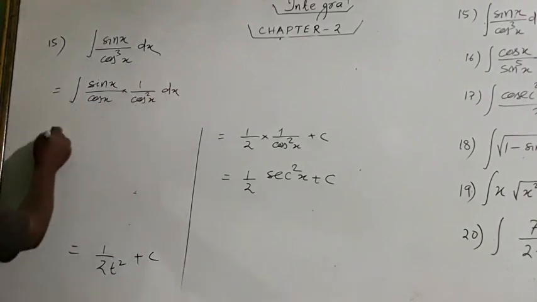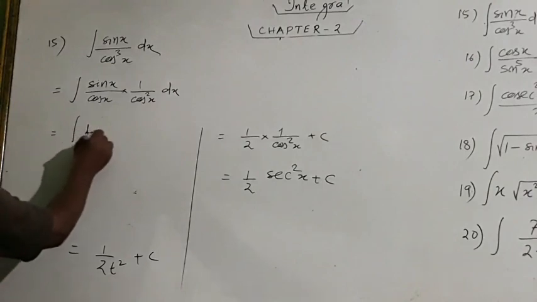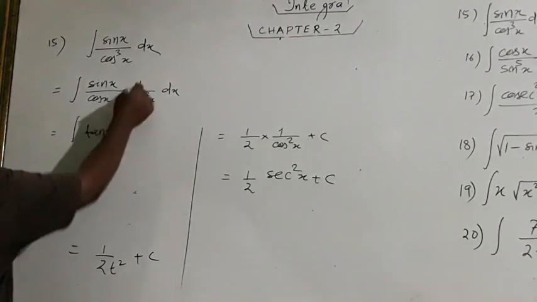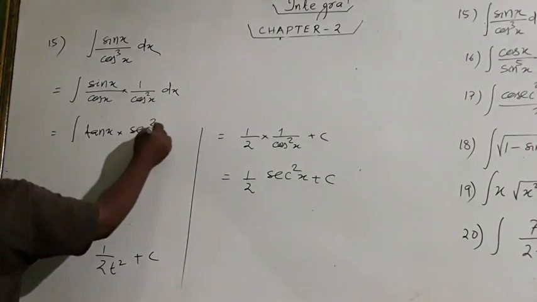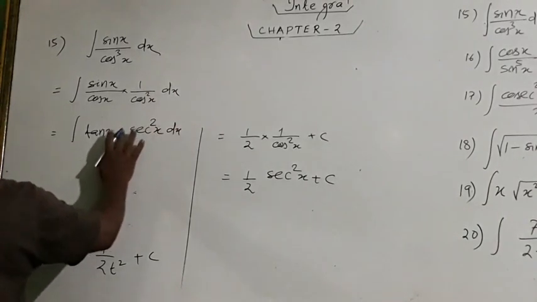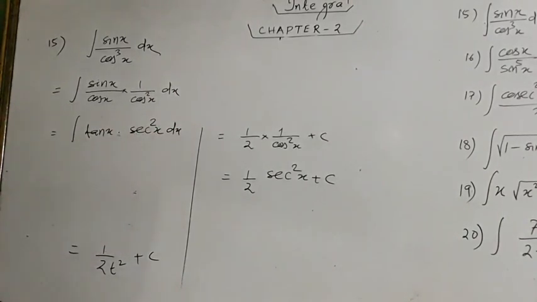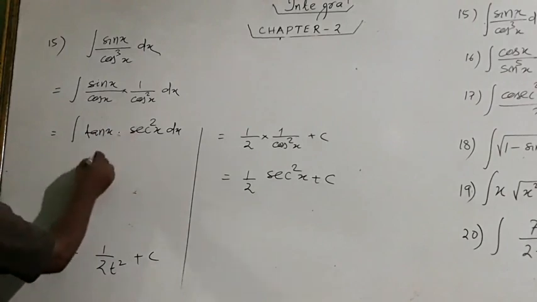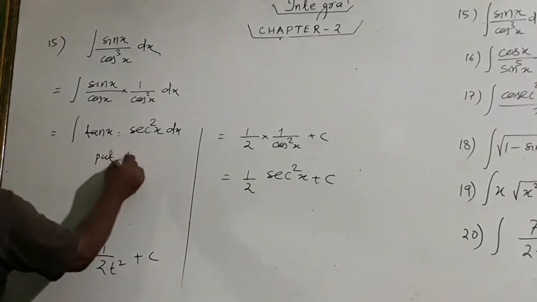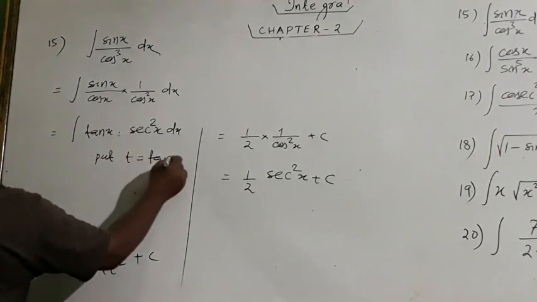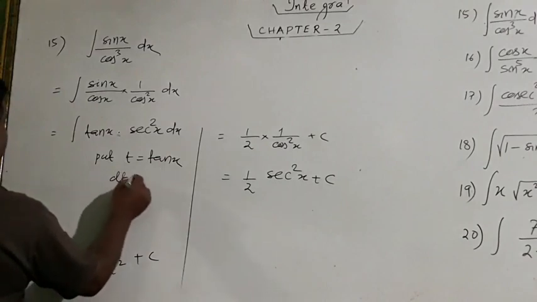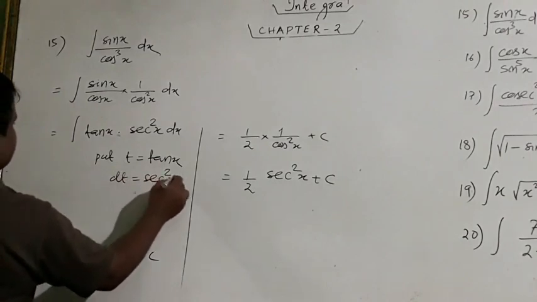It becomes what? It becomes tan x. 1 by cos square x is what? Sec square x. Look at here, whose derivative is what? Put t equal to tan x. Then dt is what? dt is sec square x dx.